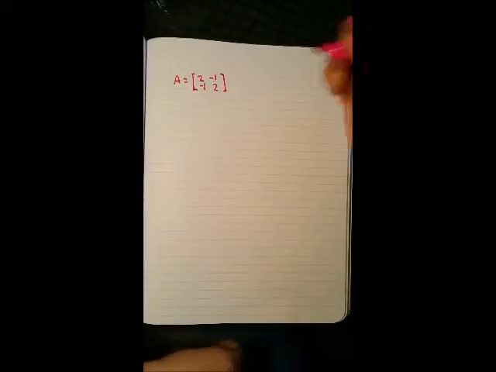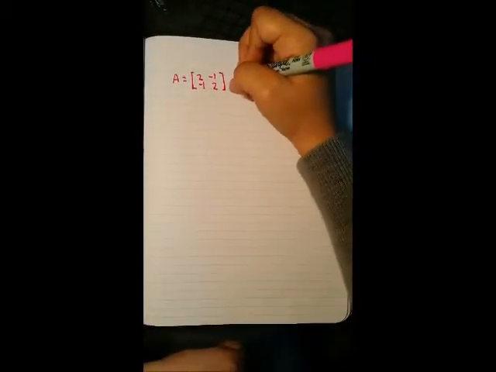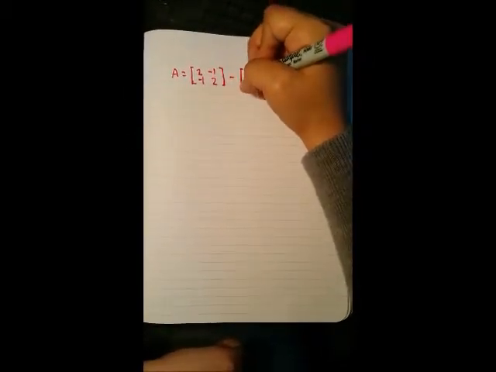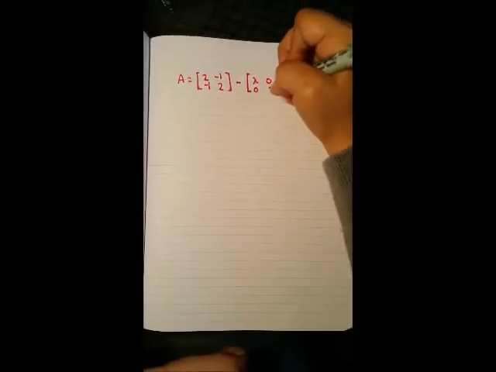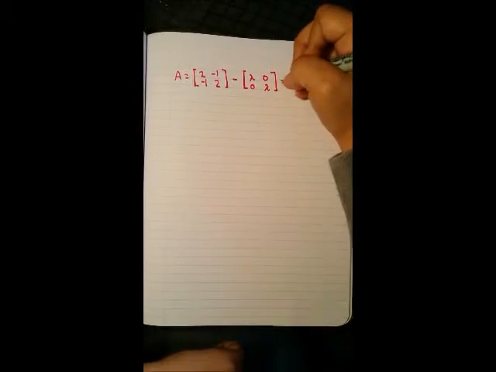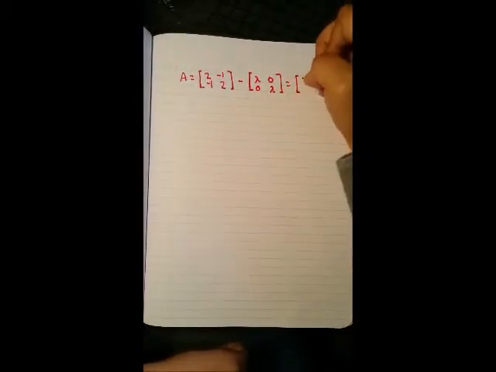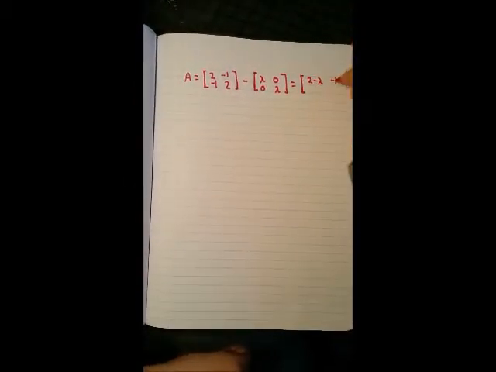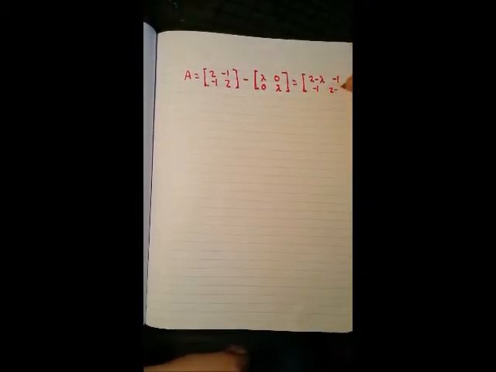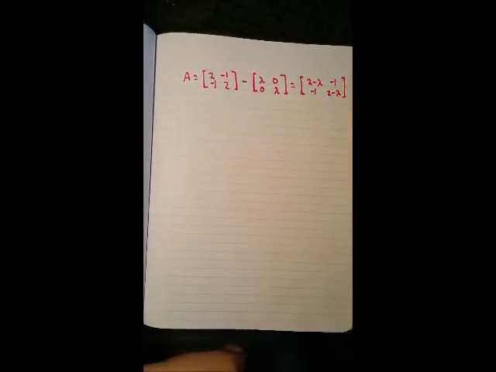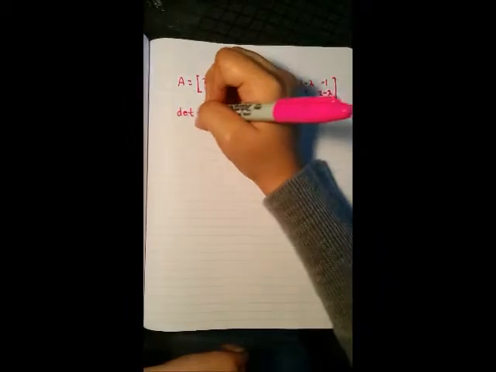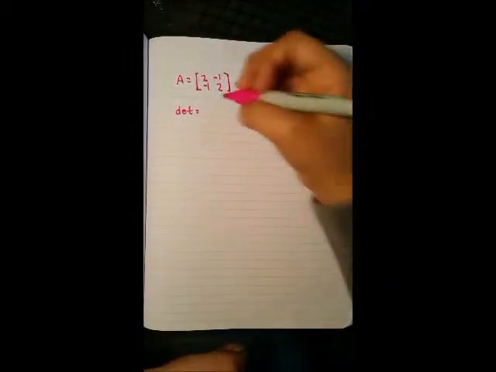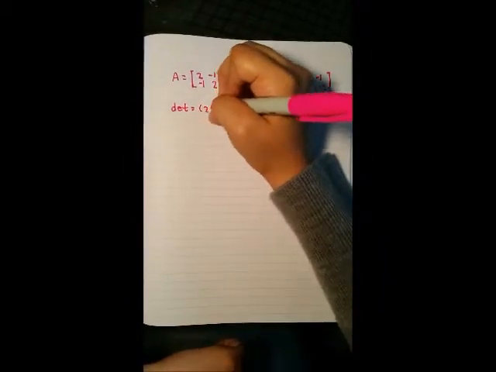The first step when finding your eigenvalues is to subtract lambda I from your initial matrix A, which will then give you A minus lambda I. Once you have it, you're going to find the determinant of your matrix, which, because this is a 2x2 matrix, is pretty simple.